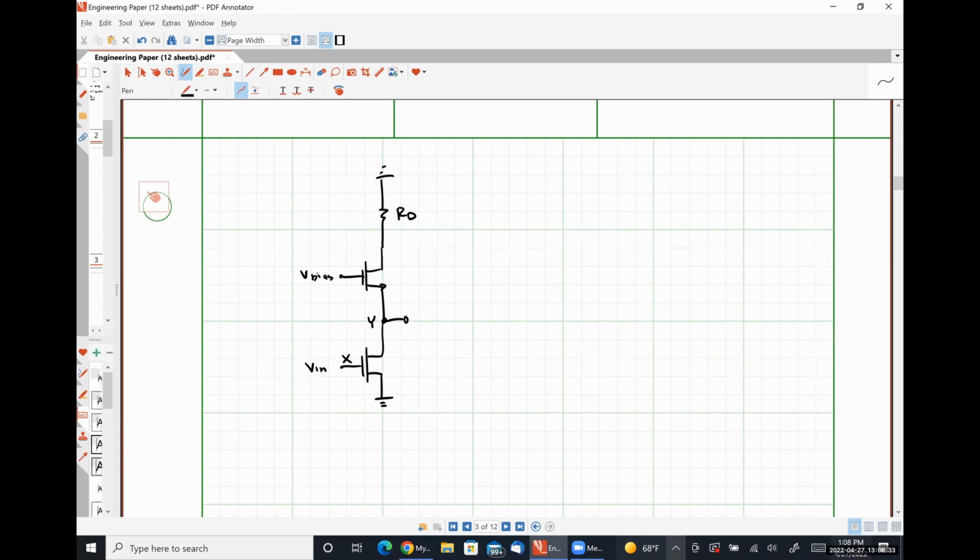So AV XY, let's talk about that, right? That's our voltage gain between node X and node Y, which is simply the ratio VY over VX.